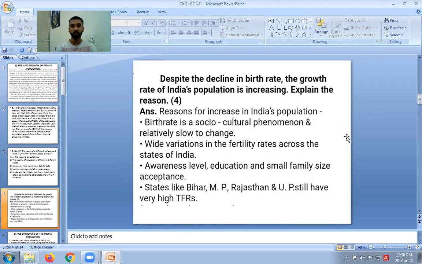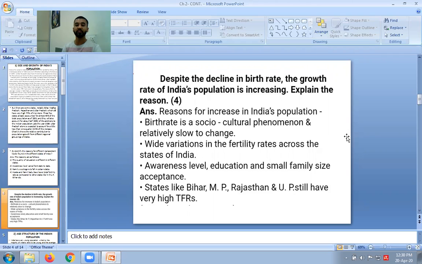But if they are educated and aware, they are always going to look for change in themselves. Only those people change who change their mindset. So the socio-cultural phenomenon in India is very difficult to change. It's very important for people to become aware and get as much education as they can. It is changing, but not at the pace that we need, right? This is the first reason.